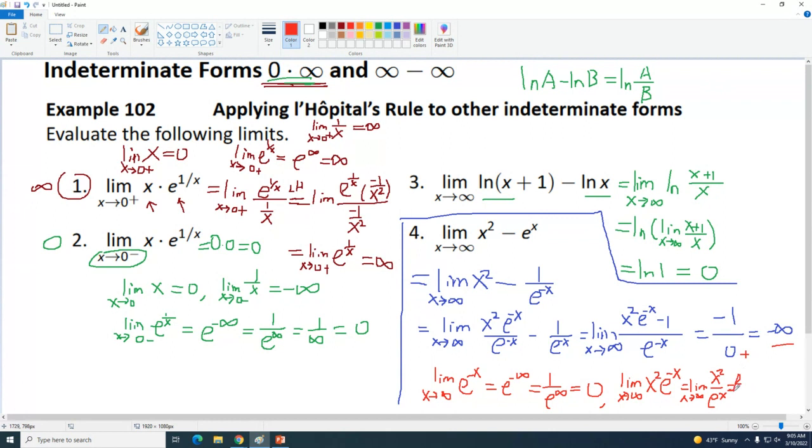I guess I should write the limit sign: limit of 2x over e to the x. But that's still infinity over infinity, so you find the derivative one more time. That's the limit of 2 over e to the x. Again, x is supposed to go to infinity, right? e to the infinity is infinity, so this is 2 over infinity.